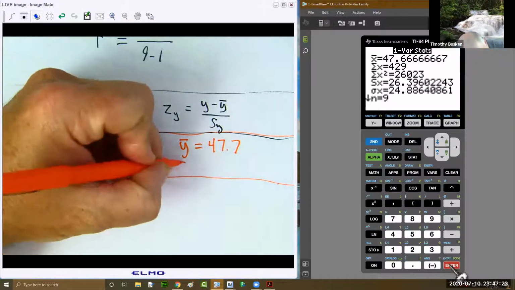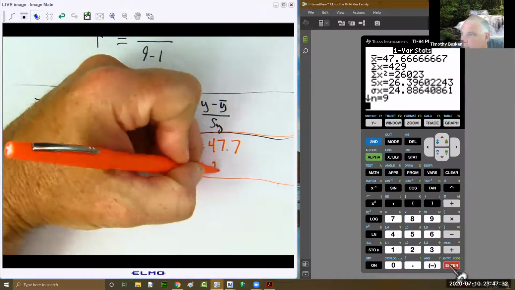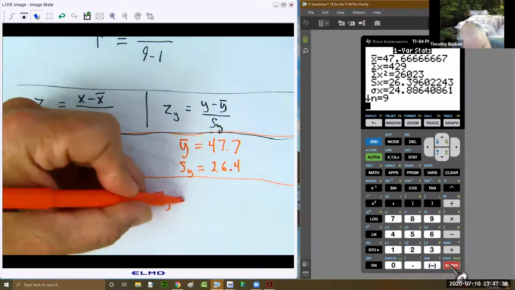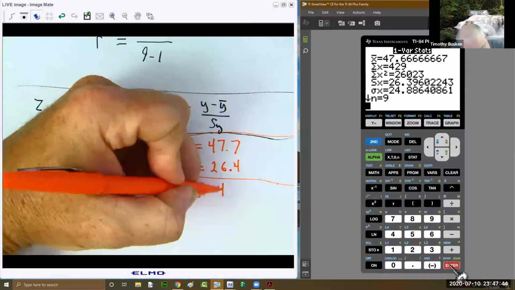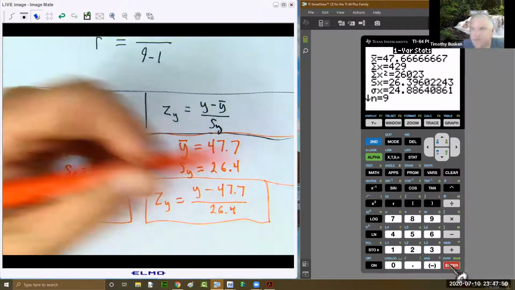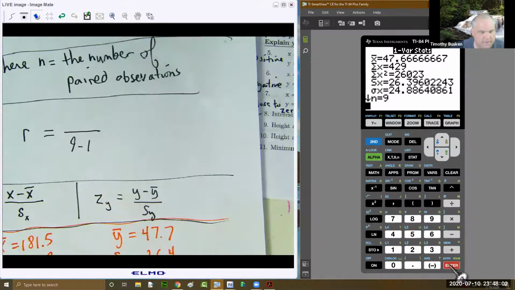And the value of sy, the standard deviation of the y values from the sample, is about 26.4. So the zy formula simplifies to y minus 47.7 divided by 26.4. Good. Now that we've got those two values, it's time to turn back over to our list of data and find the z-scores for both lists.